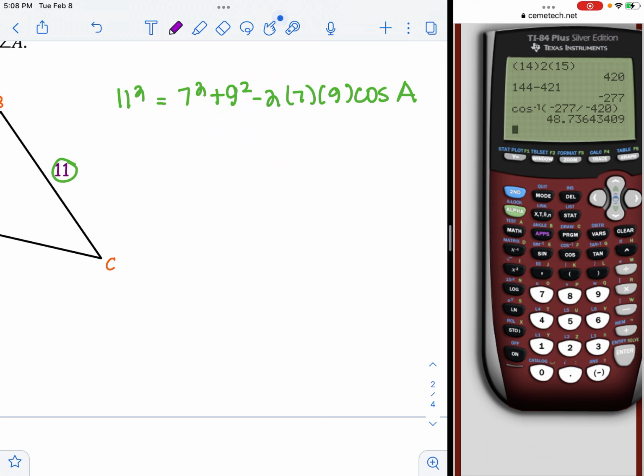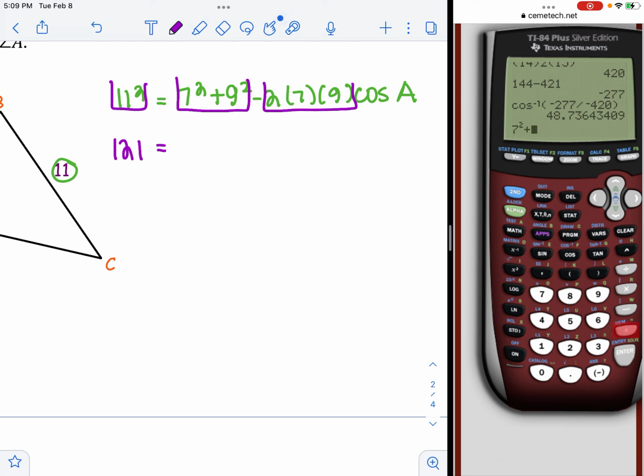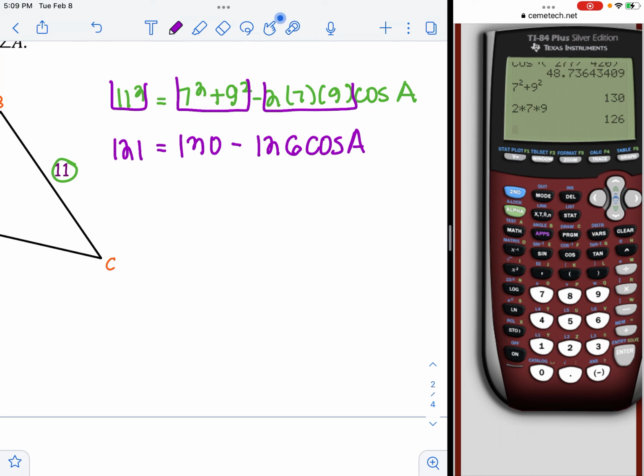So we're going to get our buckets of 3 numbers. 1 bucket, 2 buckets, 3 buckets. 11 squared is 121. I need 7 squared plus 9 squared, and I get 130 minus 2 times 7 times 9, which is 126, cosine of A. Once again, do not do 130 minus 126.